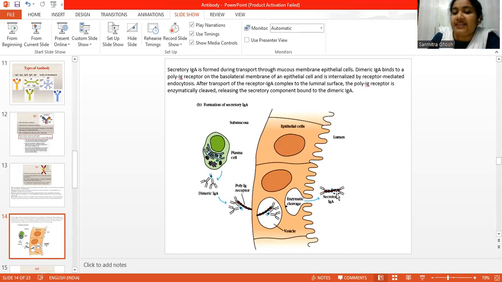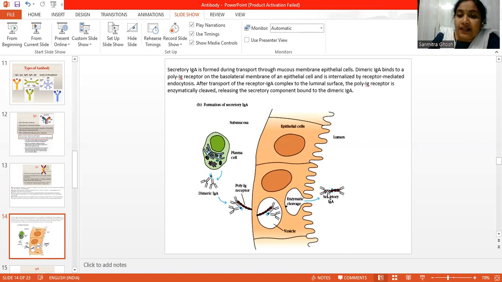And as you can see, this particular vesicle will now merge with the other side of the membrane, and on the lumen side, the secretory IgA will be released. And how does it look, and how is it different from the previous one? Here we have this dimeric secretory IgA linked by the J chain, and the Fc region of both the components of the dimer being masked by the secretory component.